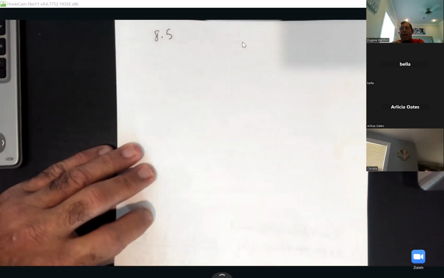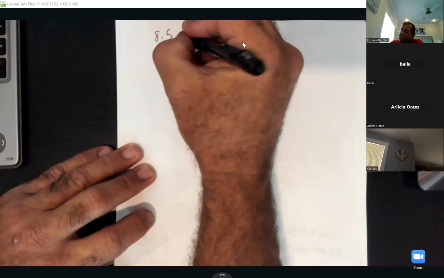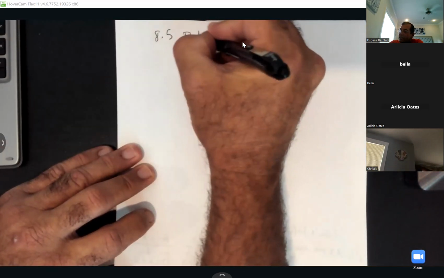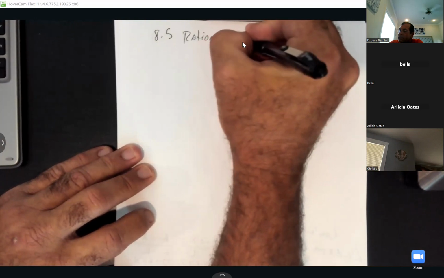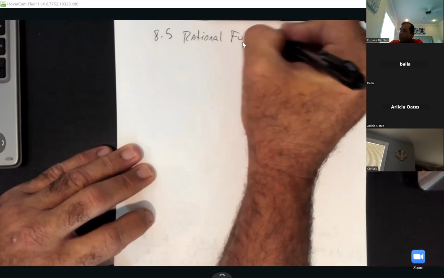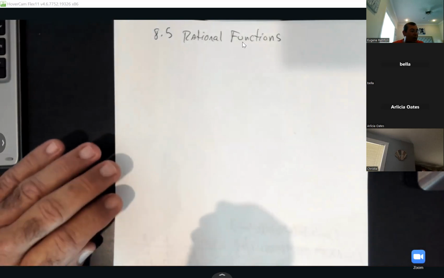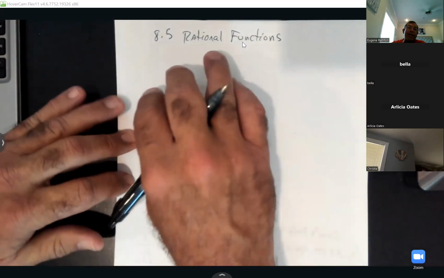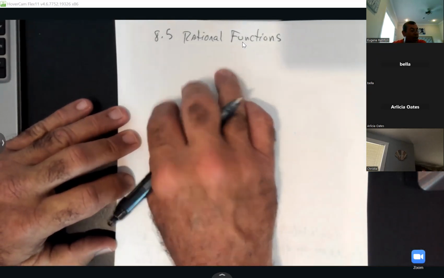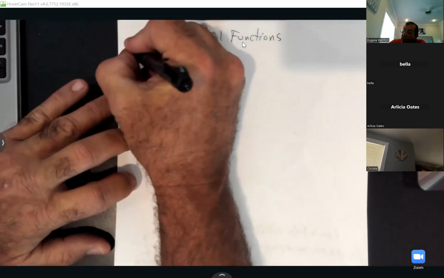8.5 deals with rational functions. They start out finding the domain, and in this section, they just want the domain in interval notation.